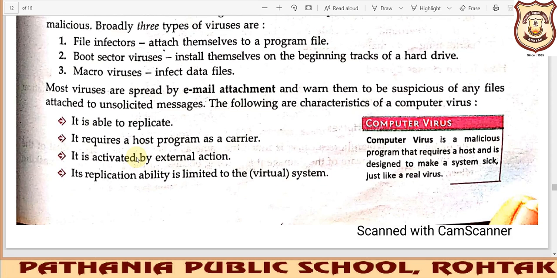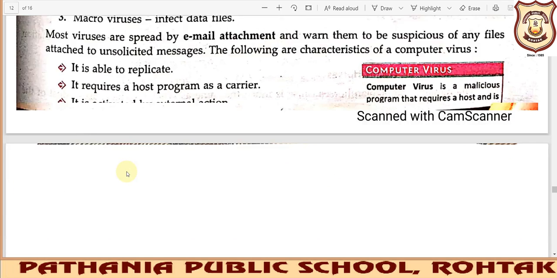Sometimes these viruses are harmless, but many times they do some harm to our computer or our data. These viruses are basically spread through email attachments, because they have the capability to replicate themselves, so they spread inside your system very fast.